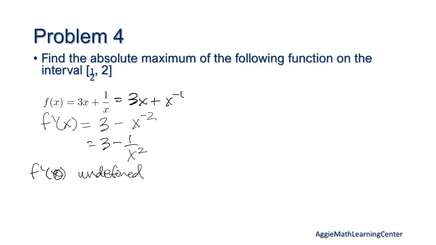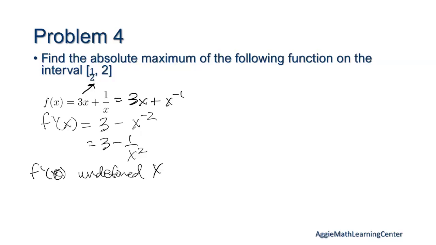It's not in our interval because it's 1/2 to 2, so we don't really care about it. We could also say, well, the original function's not defined there, so we don't really care about it either. So that's not really a point we're going to be considering.